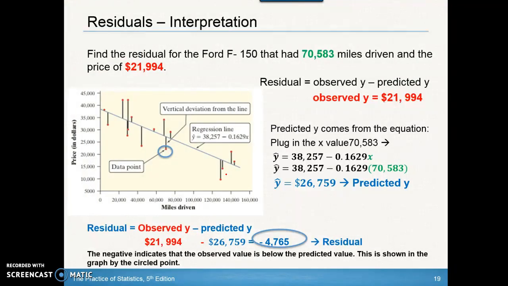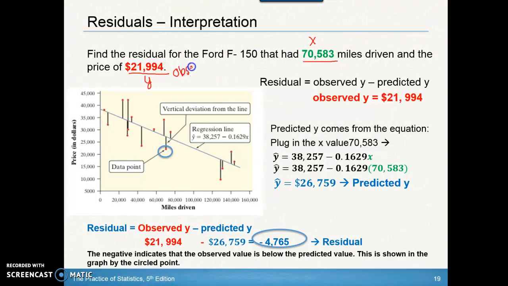So let's just take a look at an example of how we can find a residual. It says find the residual for the Ford F-150 that had 70,583 miles driven at a price of $21,994. Now, that is actually an ordered pair. This is your x, this is your y. That's your observed value.